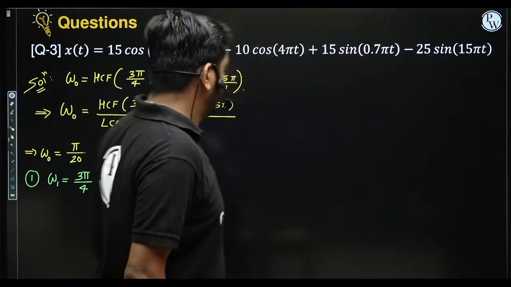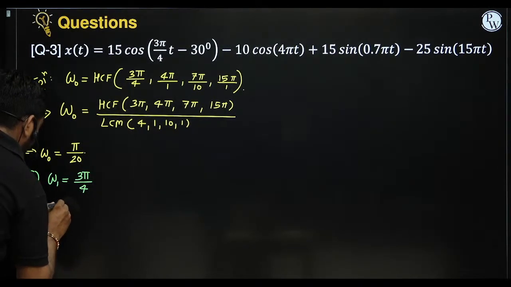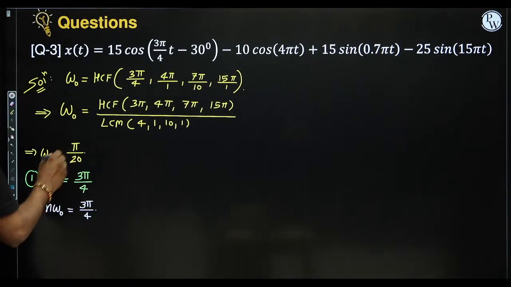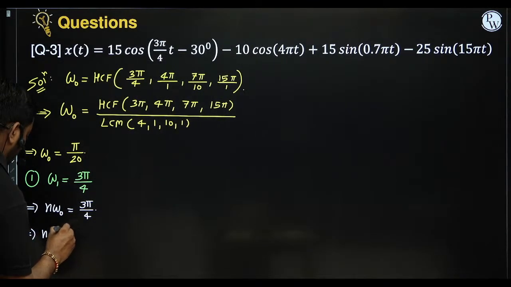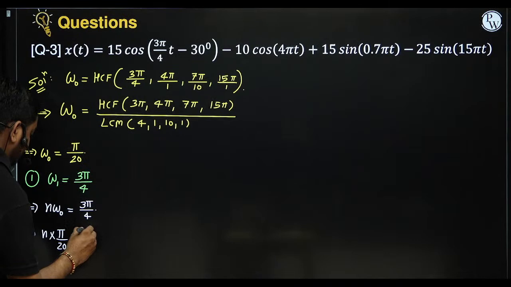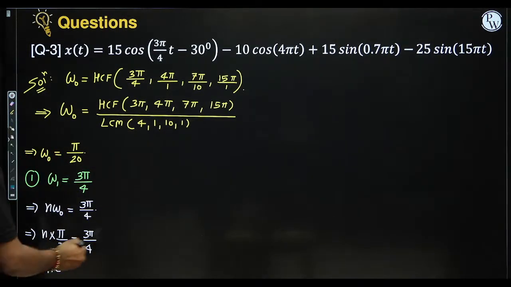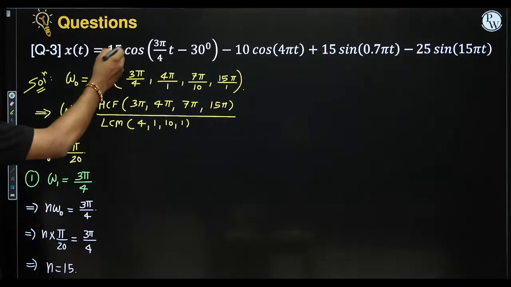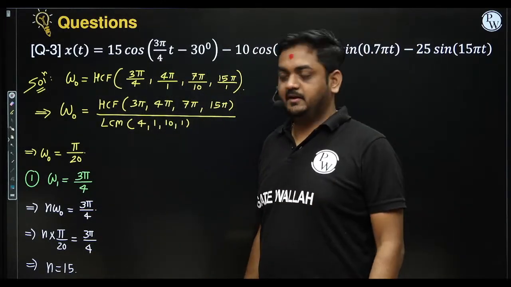So n omega 0 is equal to omega 1, which is 3 pi by 4, and omega 0 is pi by 20. So n times pi by 20 equals 3 pi by 4, and from here you will get n equal to 15. So the corresponding harmonic is the 15th harmonic.